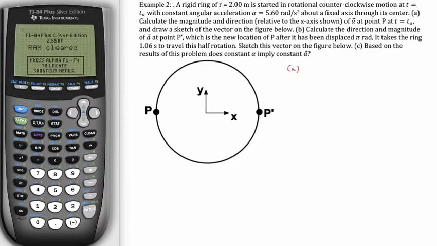All right, so at t equals t prime, this system is starting from rest. It's rotating counterclockwise with constant angular acceleration. So we'll put here for clarification, the system starts from rest.